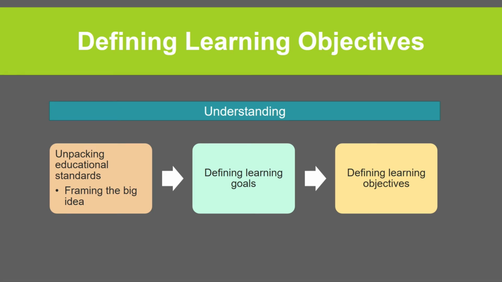So when we think about defining the learning objectives, we focus on understanding at a little higher level, but we then break that down into 3 steps. Unpacking the educational standards by helping to think about the specific knowledge as it fits within a big idea. We also then help them to identify or communicate to them what the learning goal is within this course at a little higher level.